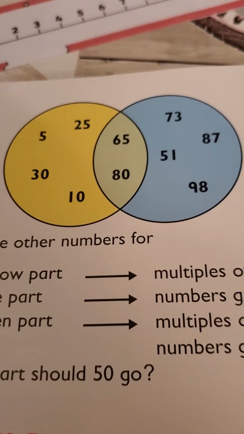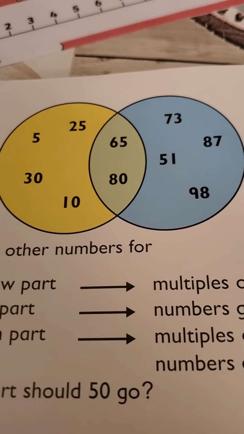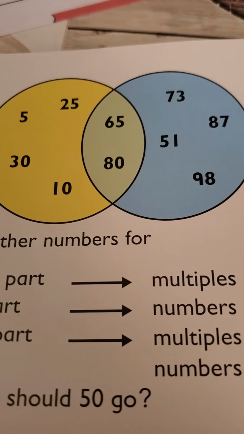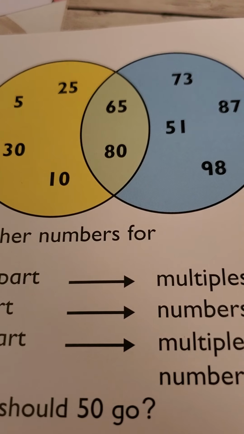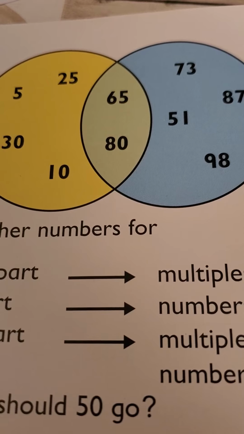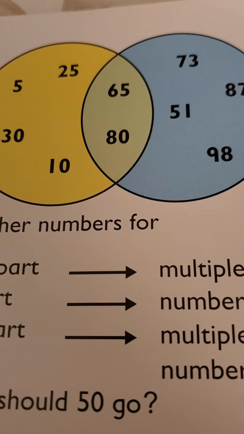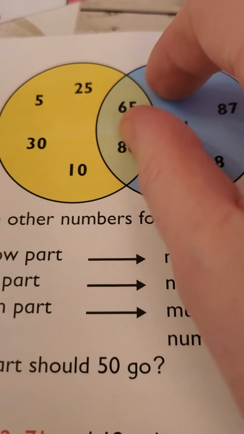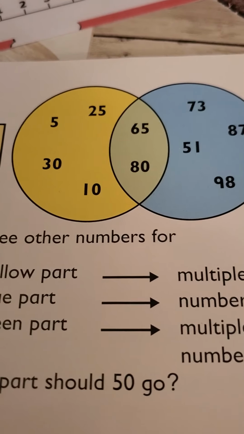So you'll see there's two big circles there. There's a yellow one and a blue one, and they overlap in the middle and kind of make a green colour. Now, if you were drawing your own Venn diagram, you wouldn't have to colour them or anything, but the green is there just to show you that the two circles are overlapping. They're joining together a little bit there.